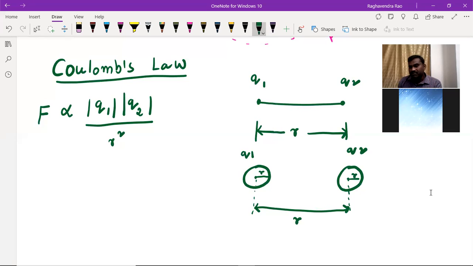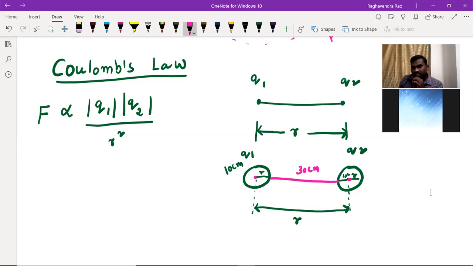Sometimes while solving numericals, they will give the radius of the sphere, for example, radius of the sphere is 10 centimeter. Then sometimes they will give only the distance between the spheres. So these two spheres are separated by a distance of 30 centimeter. As the distance is given as 30 centimeter, we should not take 30 centimeter as the radius, because distance must be measured from the centers of the two spheres, since the entire charge is concentrated at the center.